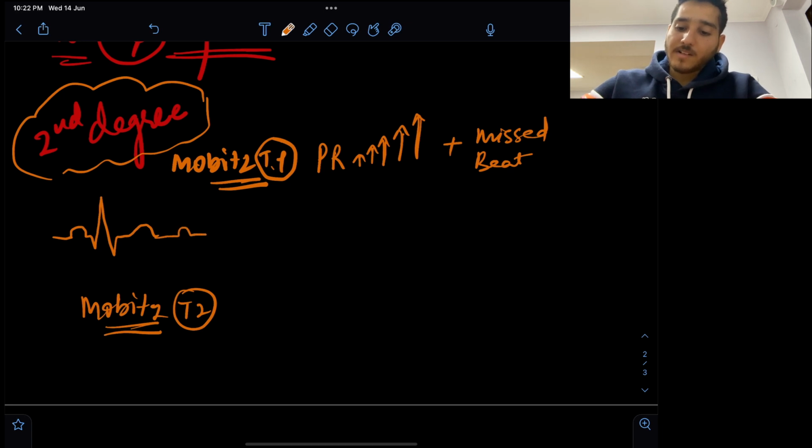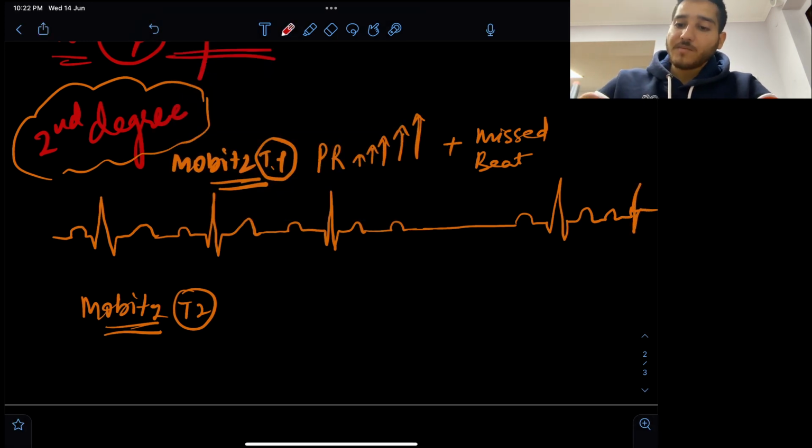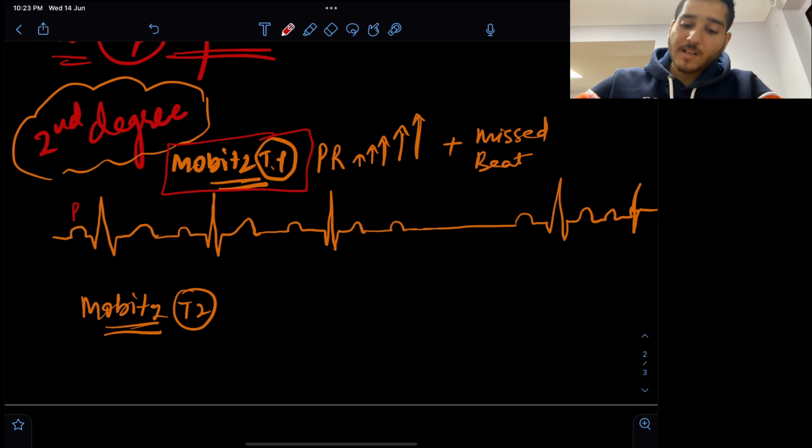Then there's increased PR prolongation, then more increased PR prolongation, and then there's no beat further, and then again P, increase, like this. Okay, so what happens in Mobitz type 1 or Wenckebach block is the PR interval, let's say here it is 0.21 second. In the next beat, there's 0.22 second.